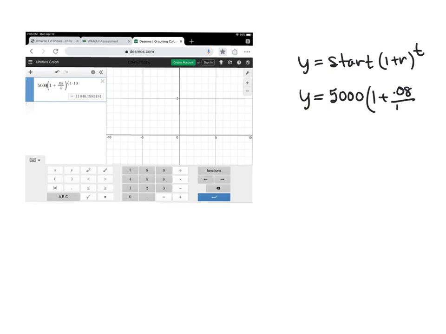You're going to divide it by 4 because it's really quarterly. They give it to you 4 times a year. But then again, going to the power of 4 is just 1 year. So if I wanted to go 10 years, I'd have to go to the power of 4 times 10, which would be 40 periods.